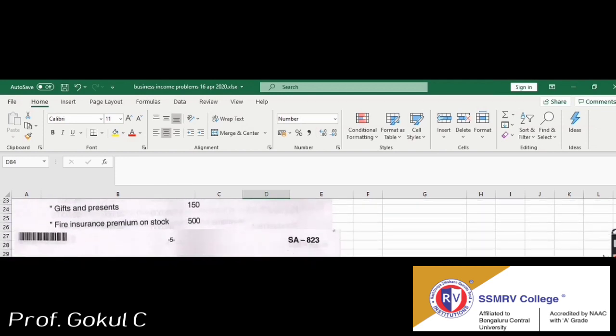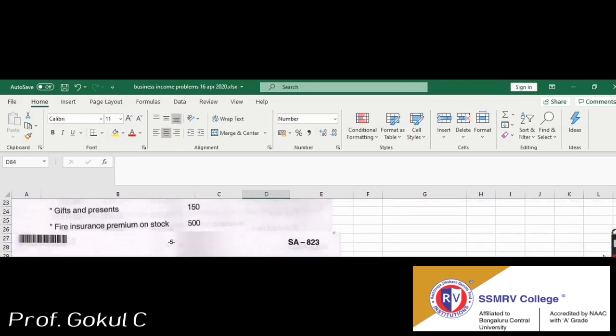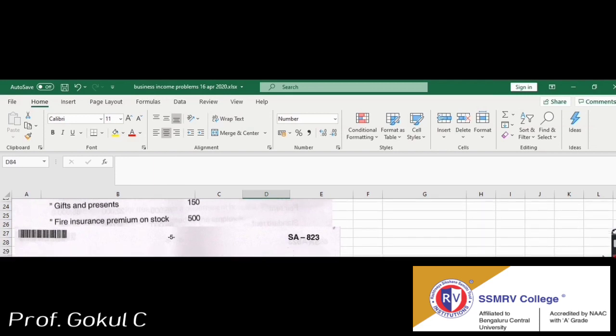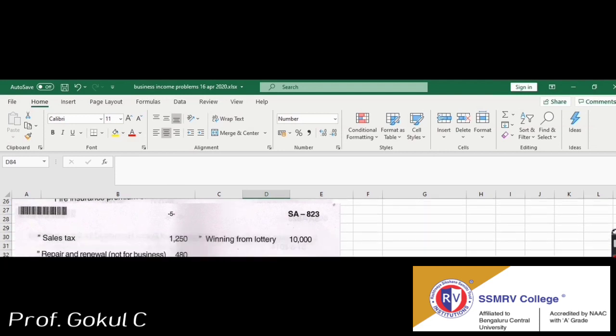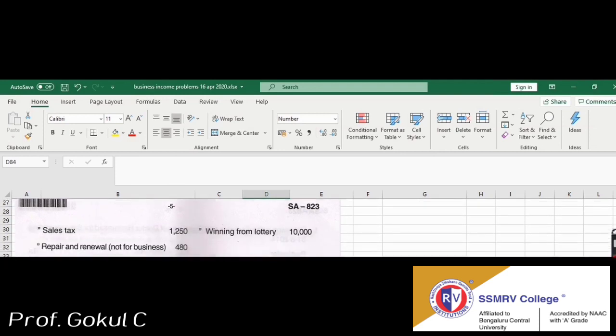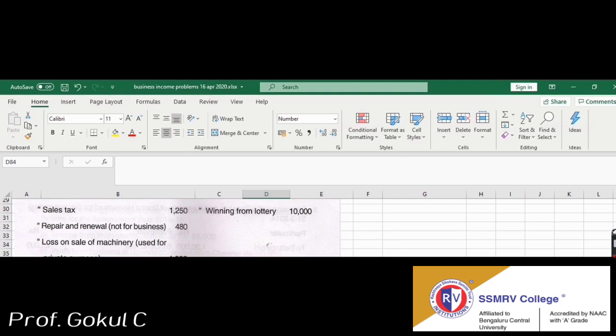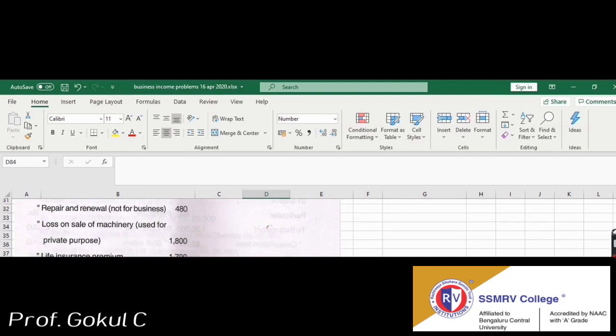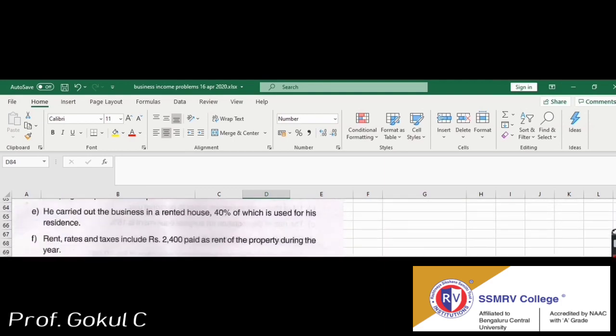Then fire insurance premium on stock. Fire insurance premium, that is you are insuring your stock against any fire hazards. So that's a pure business expenditure, so that's fine, you can leave it as it is. Sales tax 1250, again it's sales tax on your business, so you can leave it. Repairs and renewals not for business, that means it's a personal expenditure of 480 rupees.